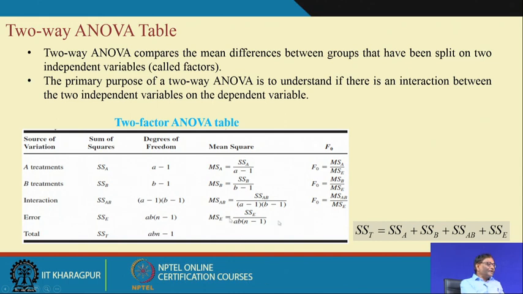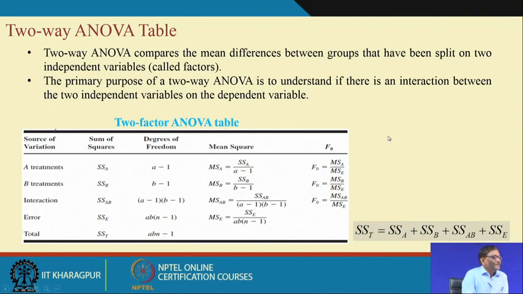To test whether the A treatment effect is there or not, you create a statistic for A, that is MSA by MSE. Similarly, to test whether B treatment effects are there, compute F0 for B, MSB by MSE. Similarly, to know whether interaction effects are there, compute F0 as MSAB by MSE. Then all of these will be tested using the appropriate F statistics.